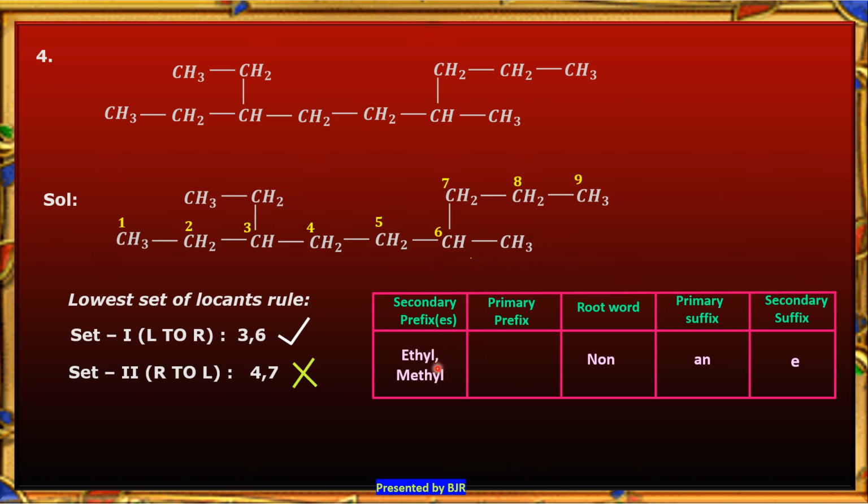So ethyl and methyl, these two groups are the secondary prefixes. Okay. So while writing the name, we have to follow the alphabetical order. So 3-ethyl, 6-methyl nonane.